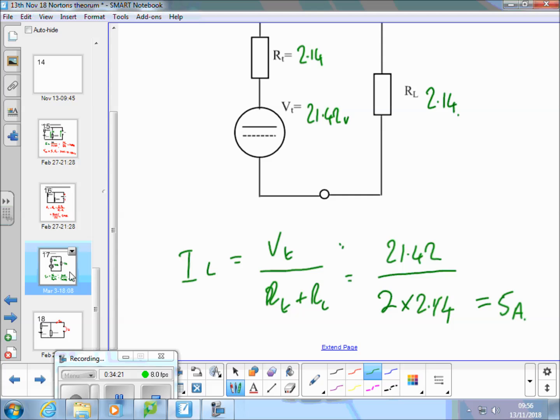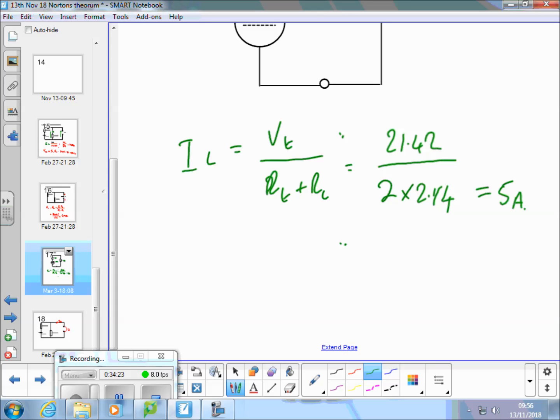And the power PL is I squared RL, 5 squared times 2.14, equals 53.5 watts.